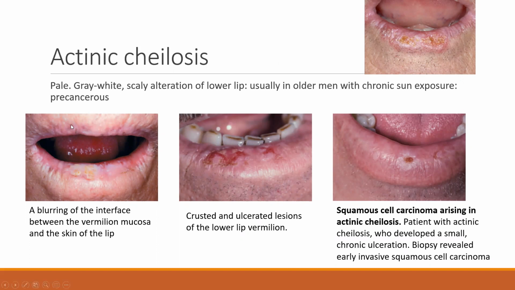In this, the patient has chronic exposure to sunlight. The patient usually has a history of working in the sunlight for many years. It takes at least long-term exposure, say 5 to 6 years, and is usually seen in males more than females, approximately in the ratio of 10:1, and appears in adults more than 45 years of age as a result of continuous exposure to the radiation of the sun.